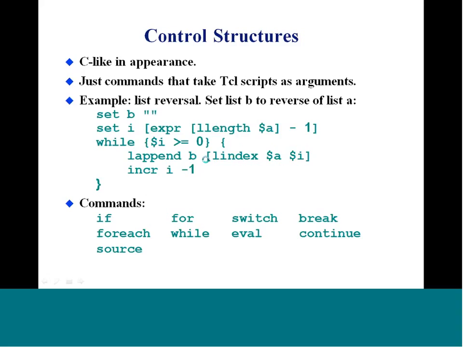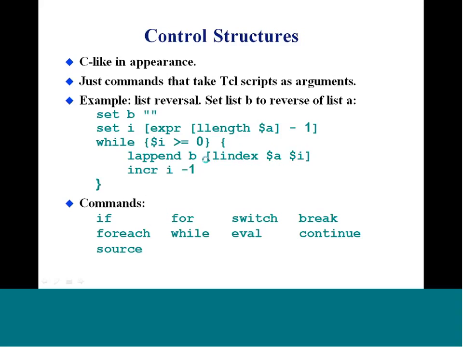They are just commands that take Tcl scripts as arguments. Again, when we come to Tcl, there is no grammar, so everything is just a command, and the command will take other Tcl scripts as arguments.